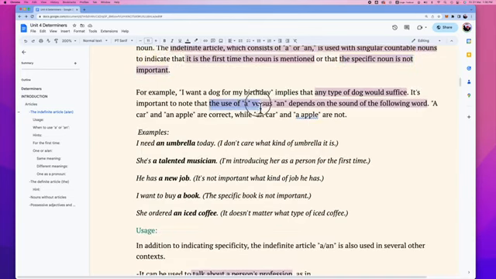The use of A or AN depends on the sound of the following word. For example, a car, an apple. The word car starts with a consonant sound, and the word apple starts with a vowel sound. So we can't say an car or a apple.